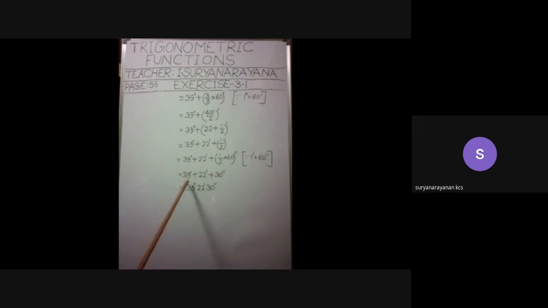That is equal to 39 degrees plus 22 minutes plus, by simplifying these numbers, 30 seconds. We have converted into minute and second units also in the degree measure. Degrees, minutes and seconds. So we can write this entire angle like this: 39 degrees, 22 minutes, 30 seconds.